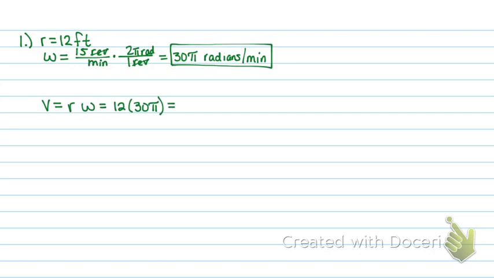And so we work this out, and we get 1,130.973. And then for the units, remember it's going to be a length. So the length measurement we have here is feet per time, which is in minutes. And so this right here is our linear speed.